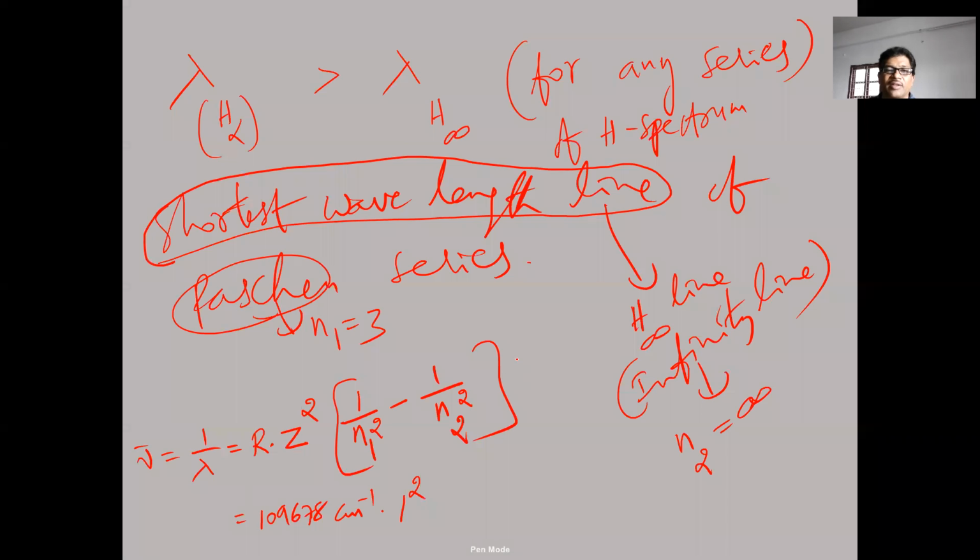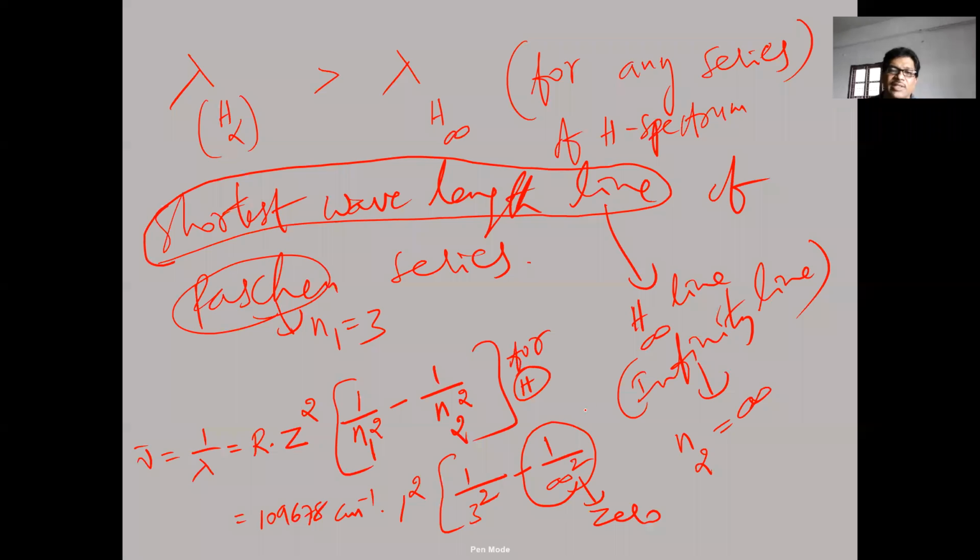Into 1 by n1 square, and in this problem n1 is 3, so 1 by 3 square, minus 1 by n2 square. Here n2 is infinity, so 1 by infinity square will be 0.